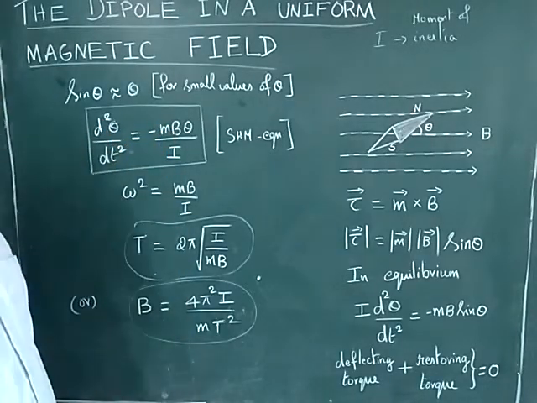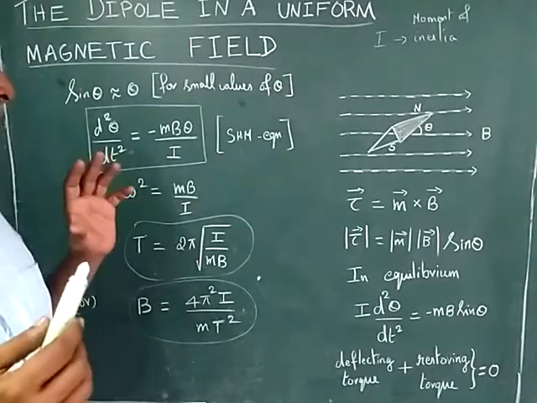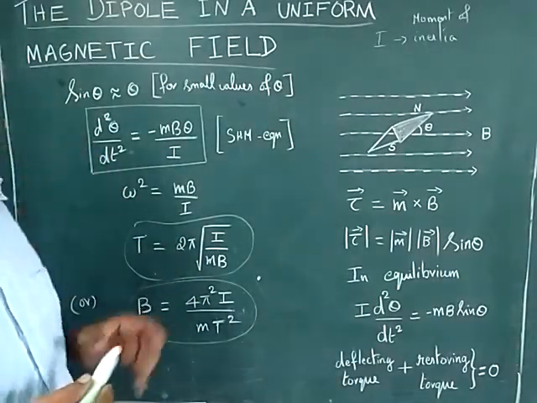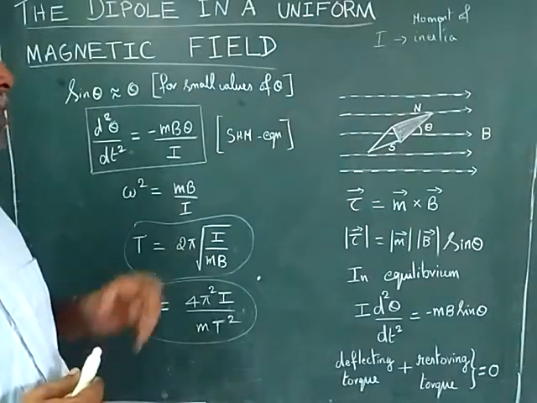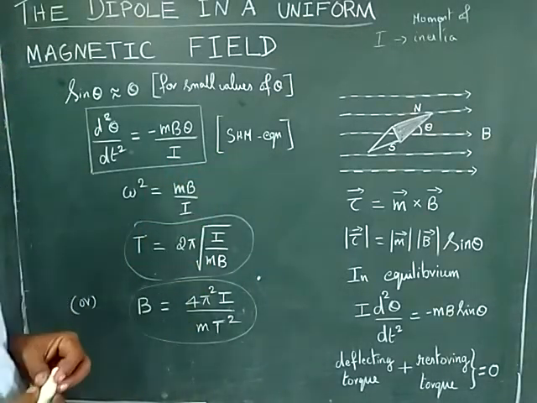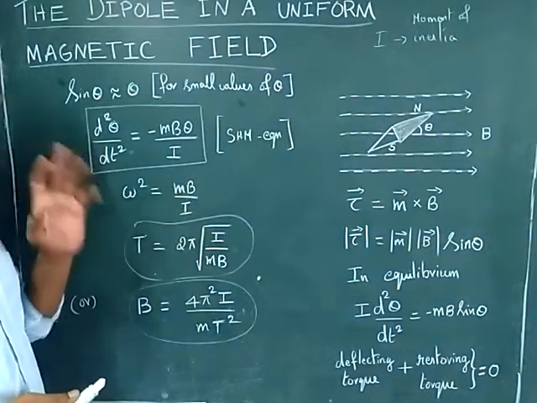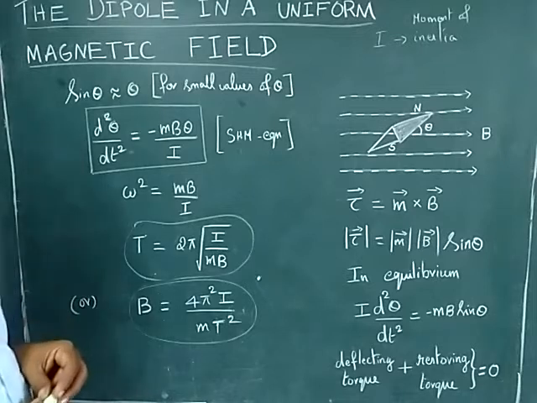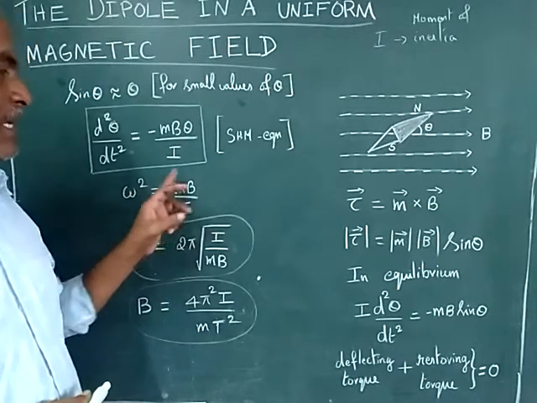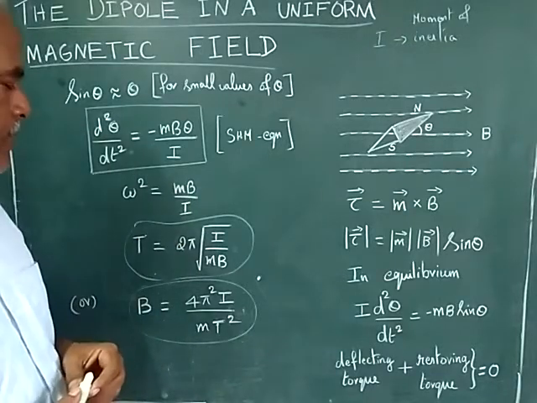If you solve, you get the solution for this equation, which represents a simple harmonic equation. For that case, omega square is equal to mB by I, that is magnetic moment times magnetic flux density divided by moment of inertia.